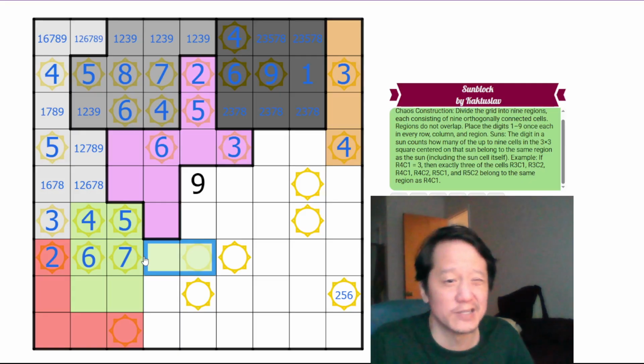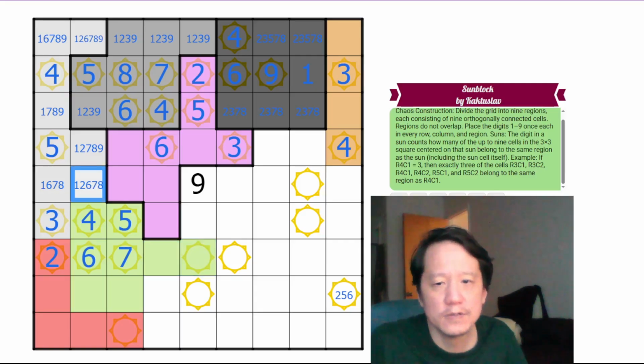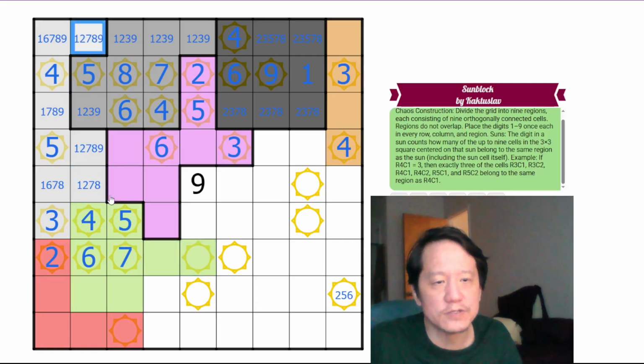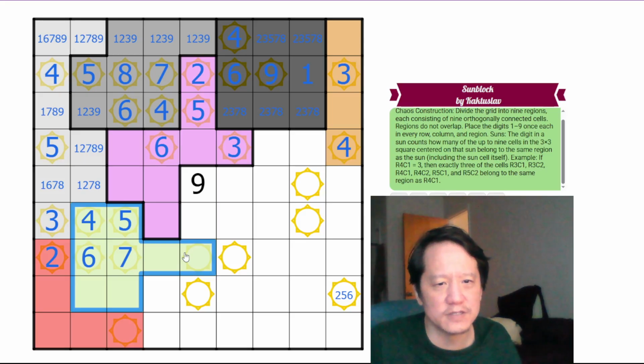This is looking like the solution, though. Interesting. So no 6 here, no 6 here. We have 1, 2, 3, 4, 5, 6, 7, 8. Yeah, this is looking like a solution here.